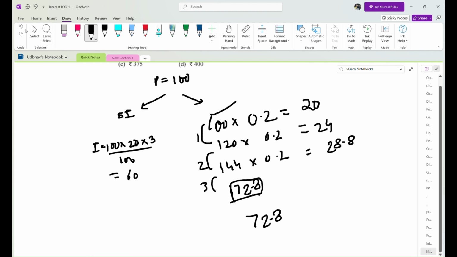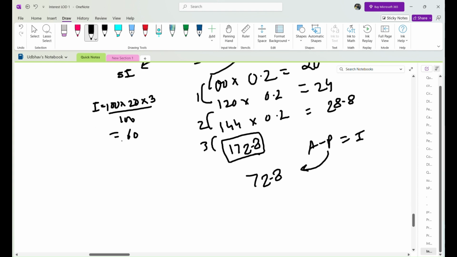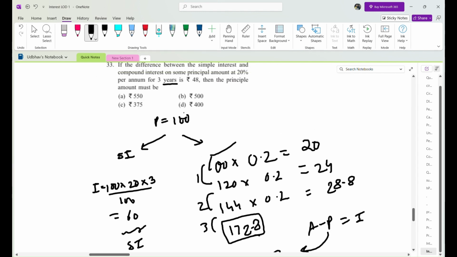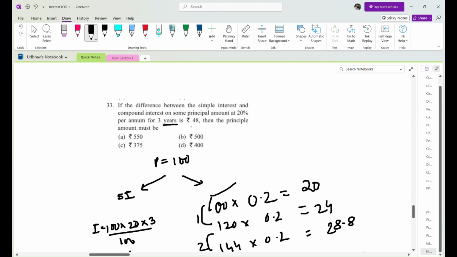Because initially our principal was 100, amount is 172.8. We can just subtract amount minus principal equals interest. So we got the interest, and this is the compound interest. Now this is the simple interest, this is the compound interest. What is the difference between them? 72.8 minus 60, 12.8. And what is the difference we are given?